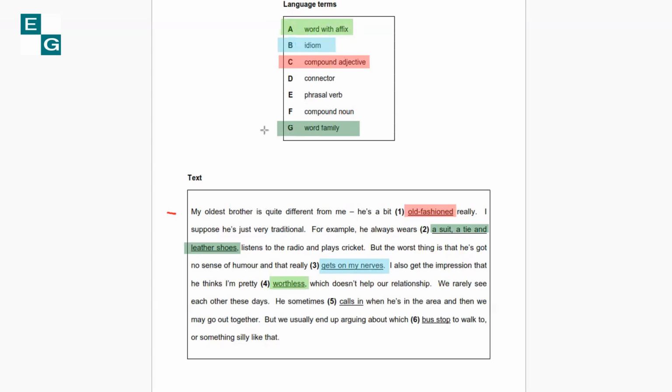He sometimes calls in. Now we can think about what call in may mean. Maybe you have understood that to call in is a phrasal verb. He calls in when he's in the area, and then we may go out together. But we usually end up arguing about which bus stop.